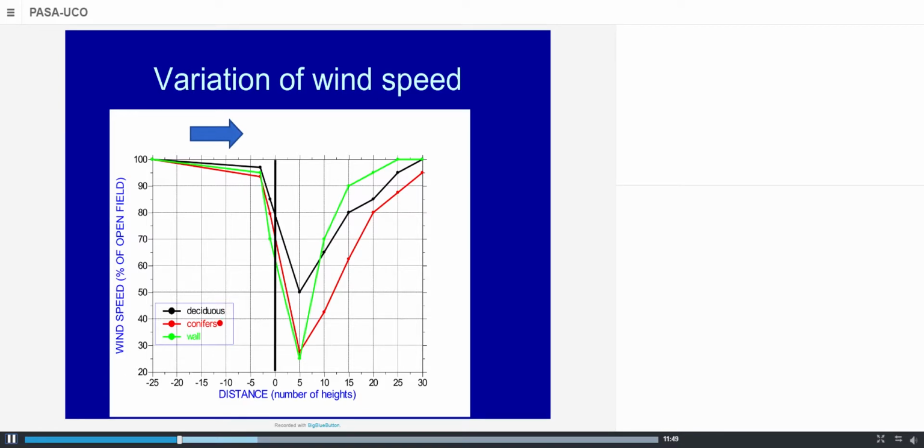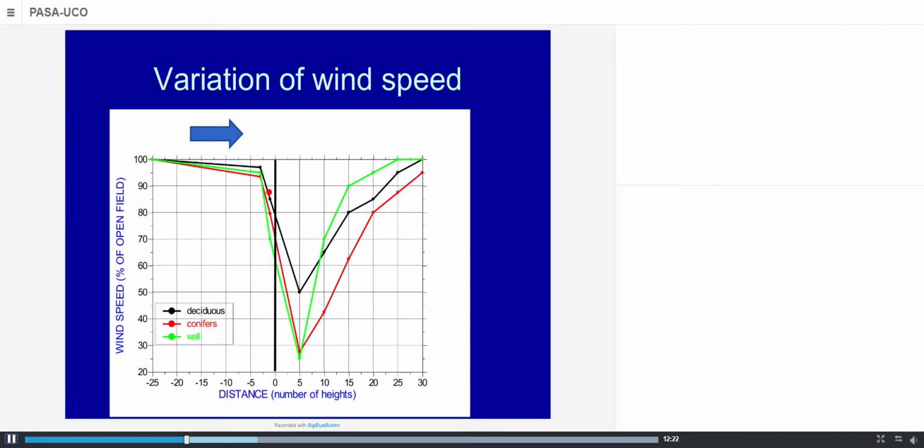If we use instead a conifer, the red line, we see that the effectiveness increases. We have a longer effect of the windbreak. If we have a deciduous, the deciduous is denser, has less permeability, so the deciduous will reduce less, or will have a lower effectiveness as compared to the conifer.